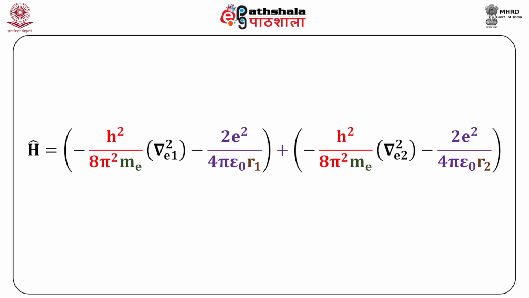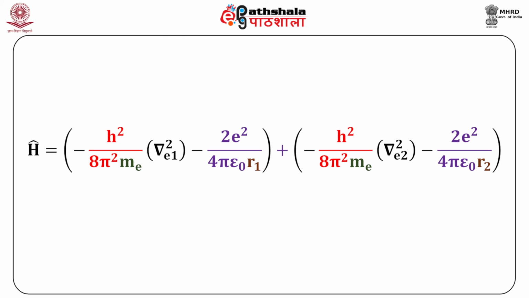Therefore, now you can see that on rearrangement, this equation assumes the following form. In one parenthesis we have minus h square upon 8 pi square me del E1 square minus 2e square upon 4 pi epsilon 0 R1.